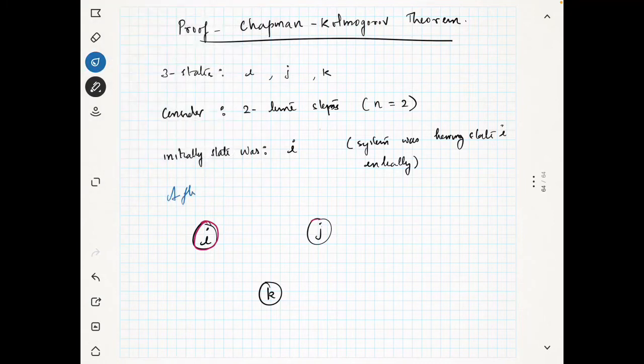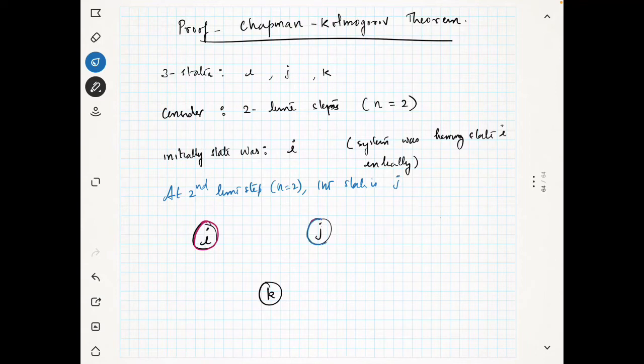That means at n equal to 2, at the second time step, the state is J. That's what we are going to consider.